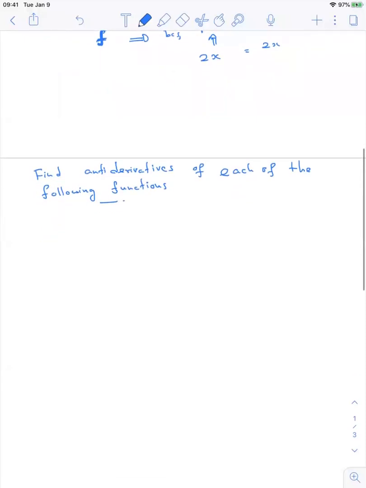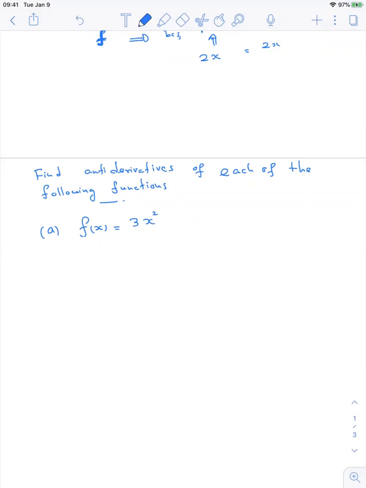The first one is the function f(x) equal to 3x squared. Now you need to find the antiderivative of f(x).